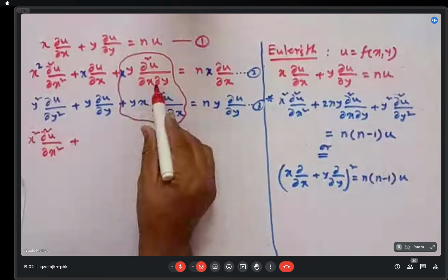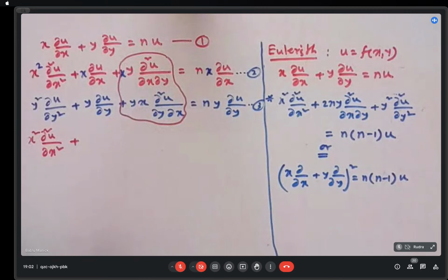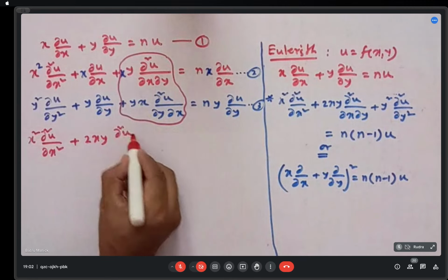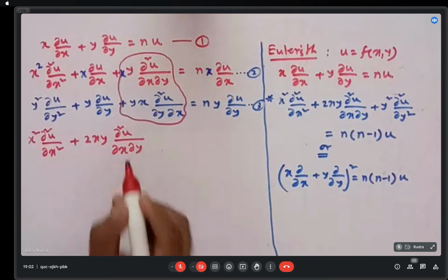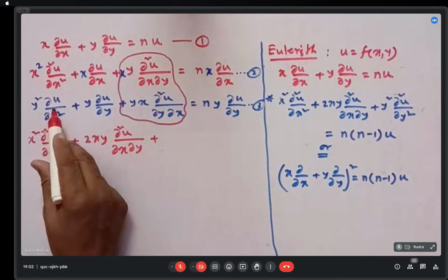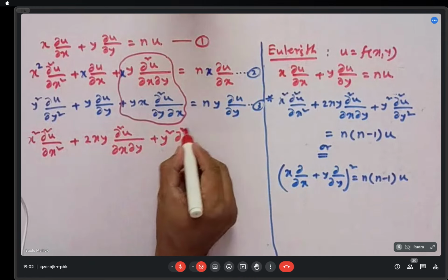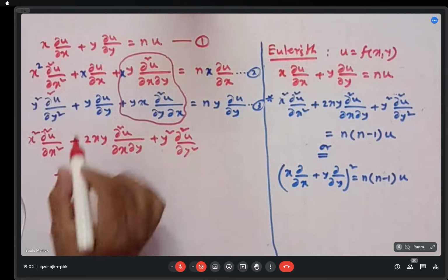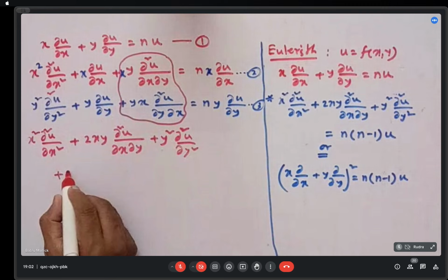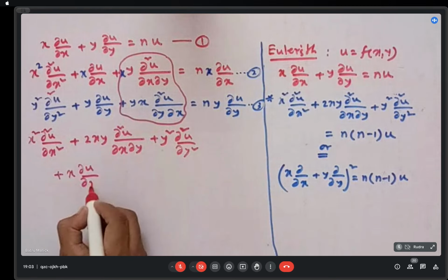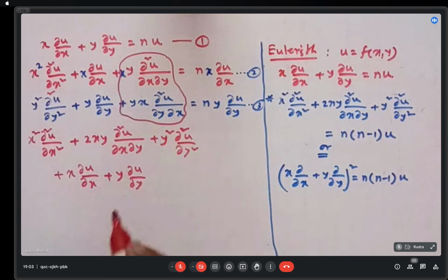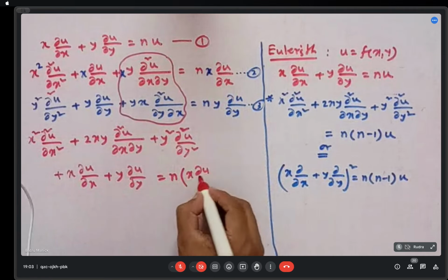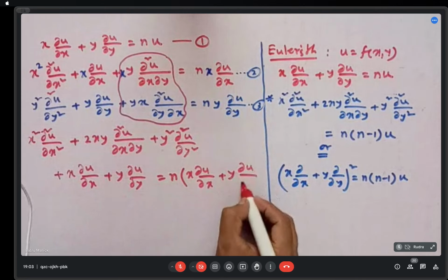Here we shall assume that del 2u del x del y and del 2u del y del x are the same, so this will become twice xy into del 2u del x del y, plus this second order derivative y square into del 2u del y2, plus now take these two terms, x into del u del x plus y into del u del y is equal to, right hand side, n common, x into del u del x plus y into del u del y.